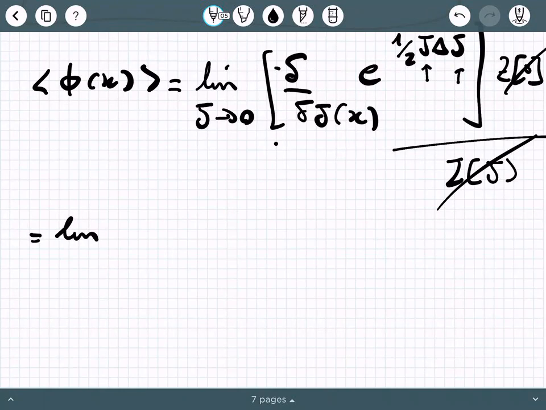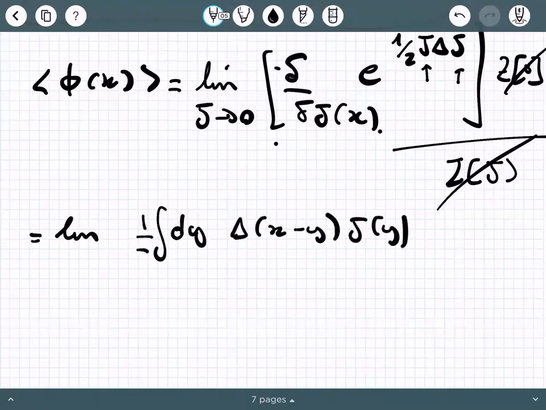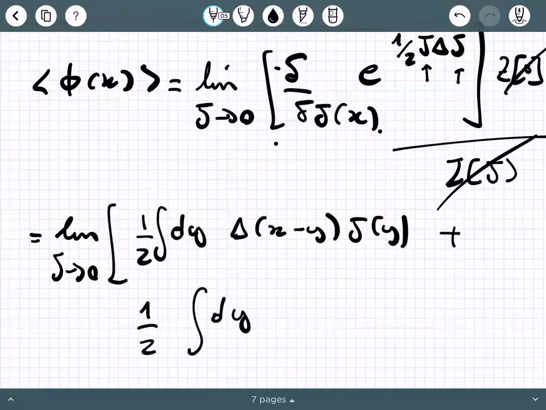So basically, I will get integral dy delta of x minus y j of y times 1/2 plus 1/2 integral dy j of y delta of y minus x.